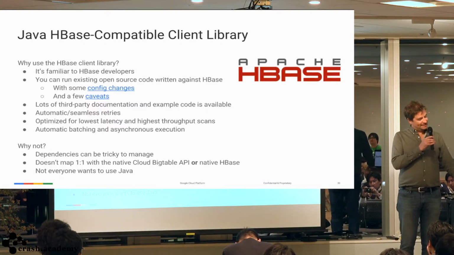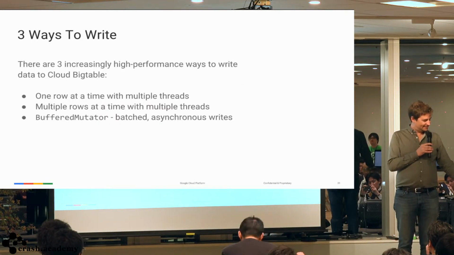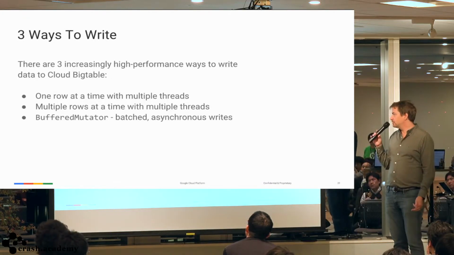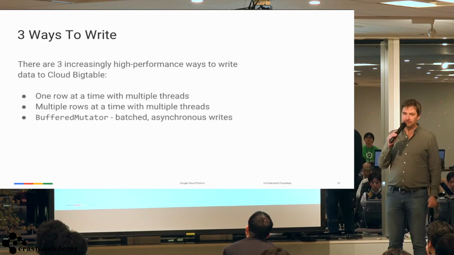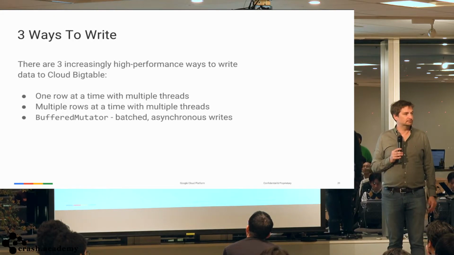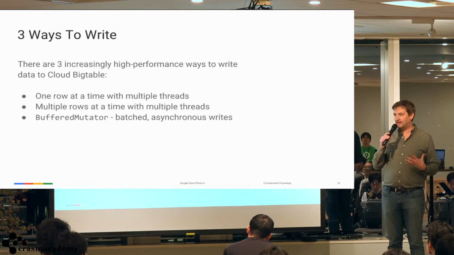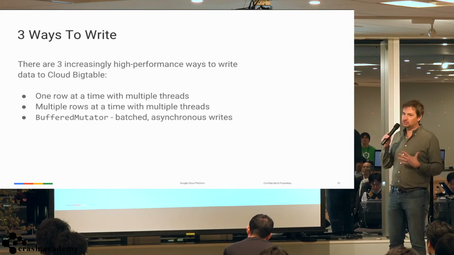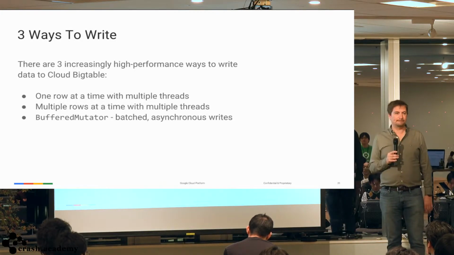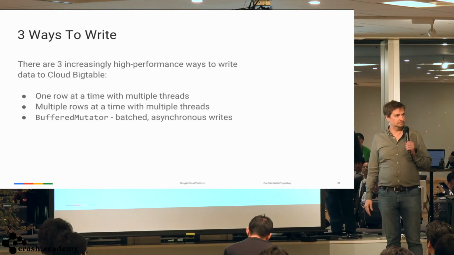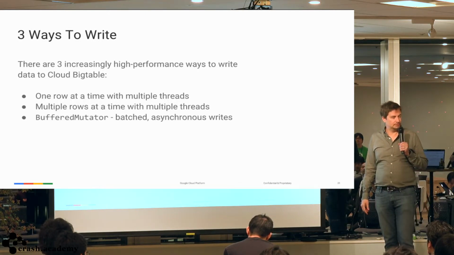Okay, we talked about this, so let me move past that. When writing to Bigtable, there are a few different ways you can write. For write-heavy loads, pay attention to which method you use.